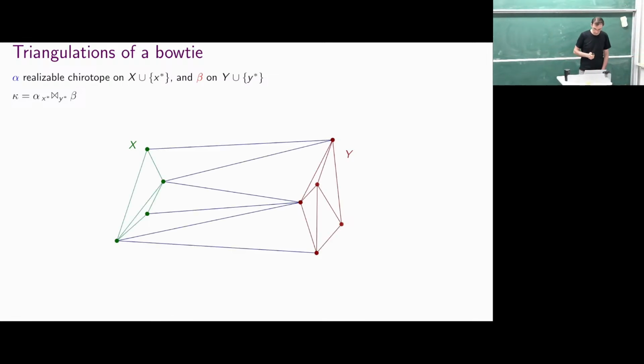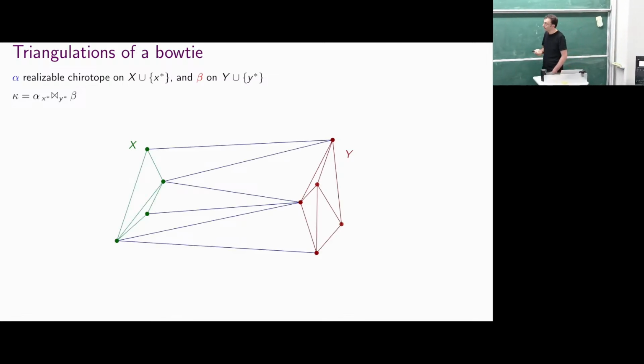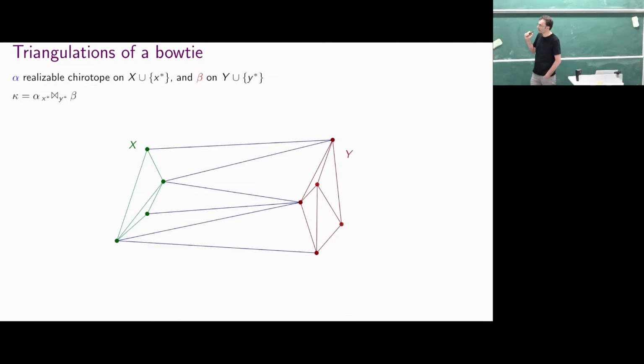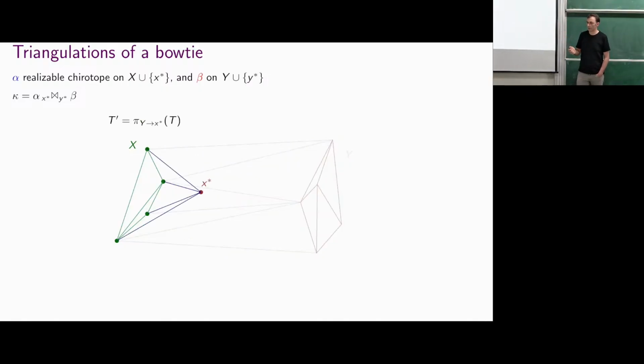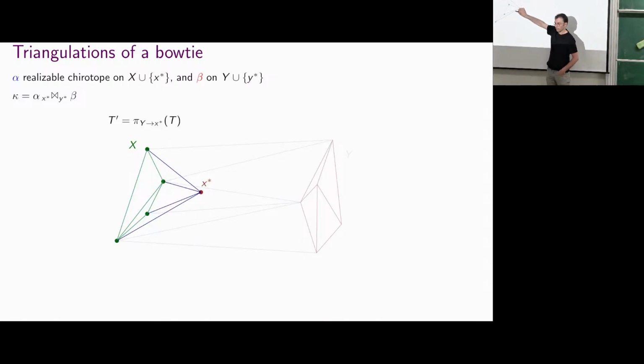How does it work? Let's start with a triangulation, and let me color the edges: green if they're between two vertices of x, red if they're between two vertices of y, and blue if they go across. From this triangulation, I can make a triangulation for x union the proxy. I just shrink this set to a single point, and those blue edges just converge to this point.